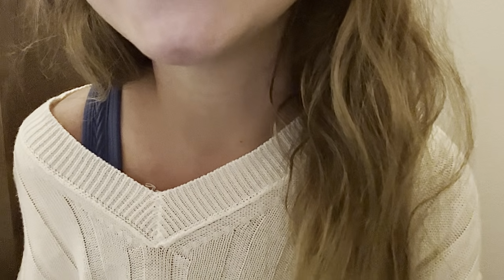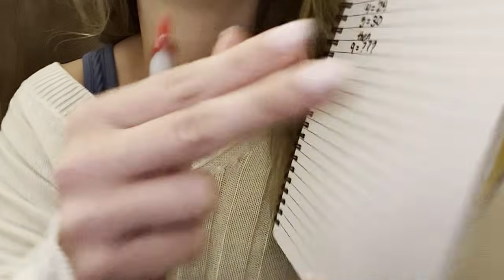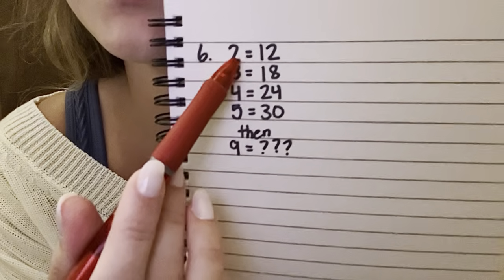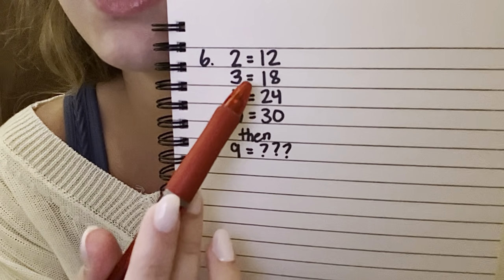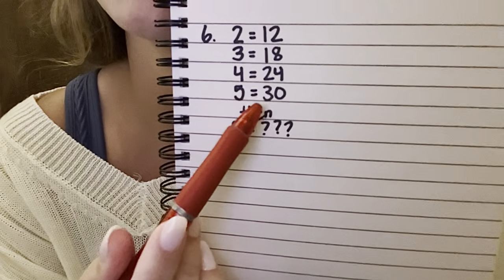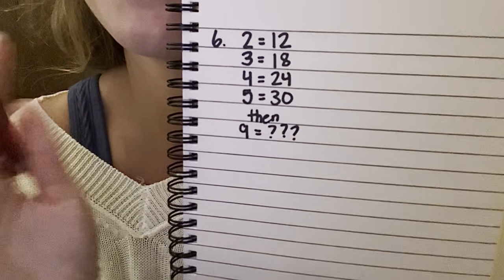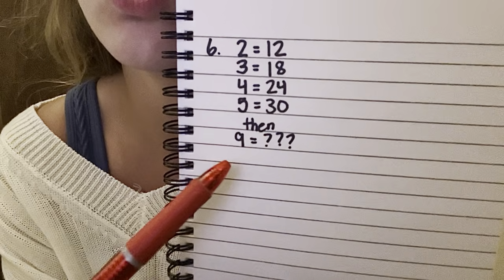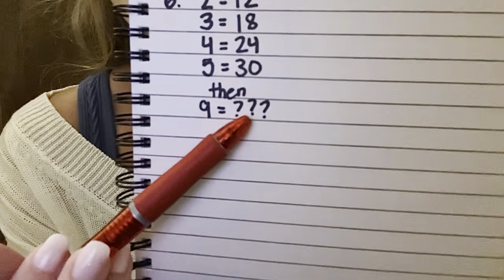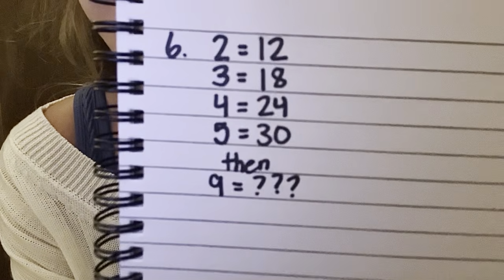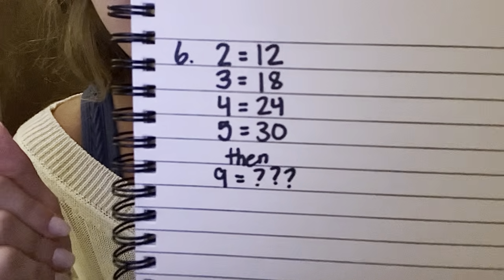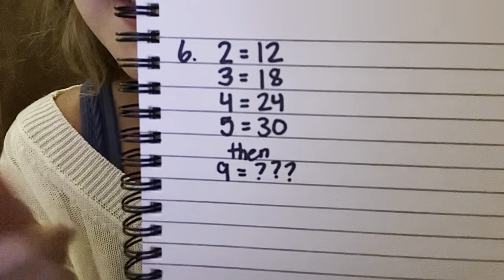Alright, and the last question. This one is more mathy. 2 equals 12, 3 equals 18, 4 equals 24, 5 equals 30. That is a 5, kind of written down poorly. Then what does 9 equal? By the way, these question marks aren't the amount of numbers there are supposed to be. I just put 3 because that made me happy. There are not 3 digits here.